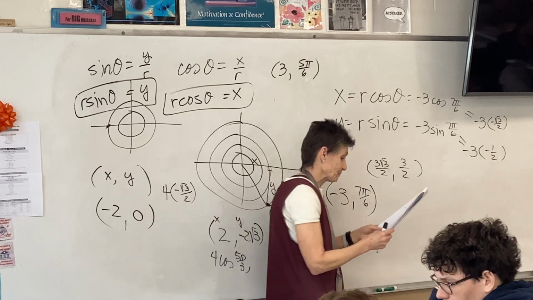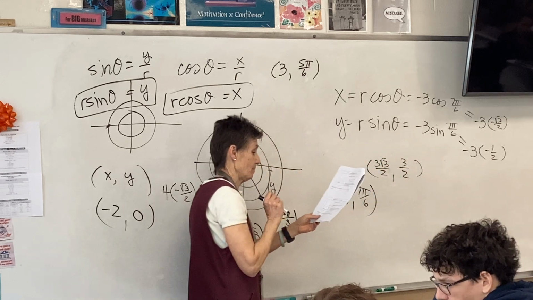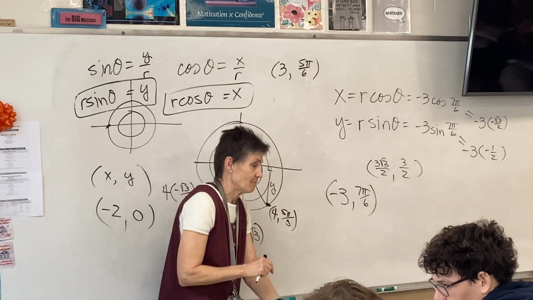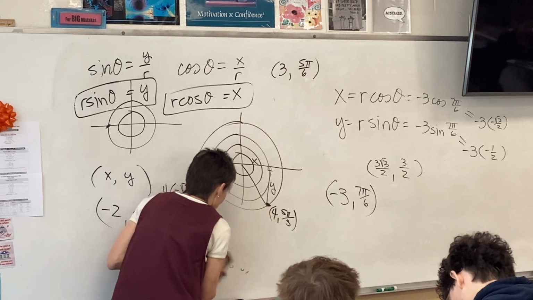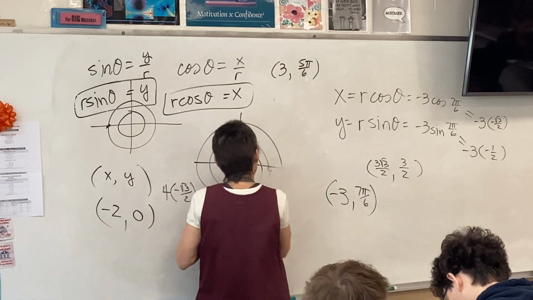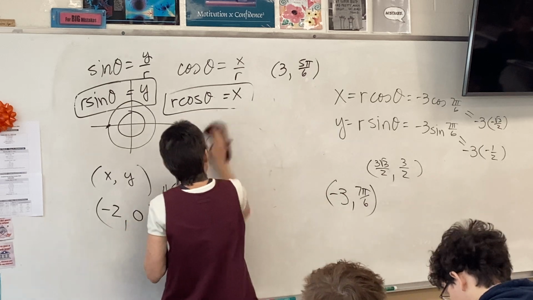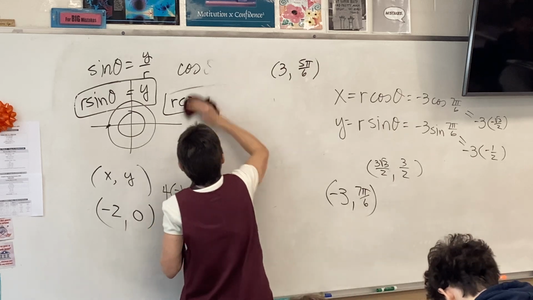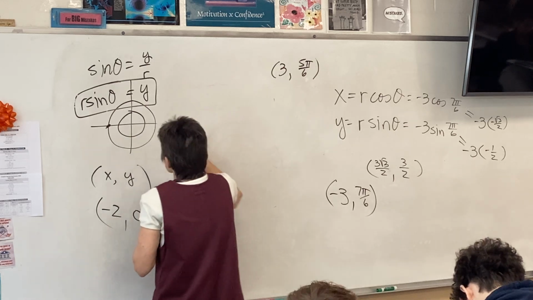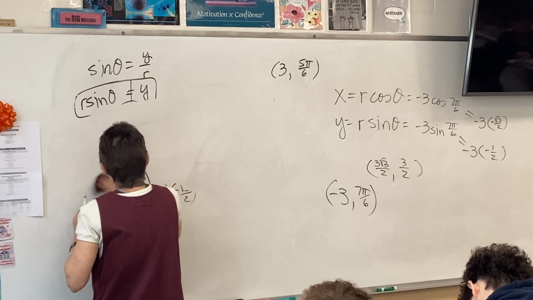All right. Now, let's look at example 5, because example 5 is the opposite. Example 5 says, here are your rectangular coordinates. Find your polar coordinates.